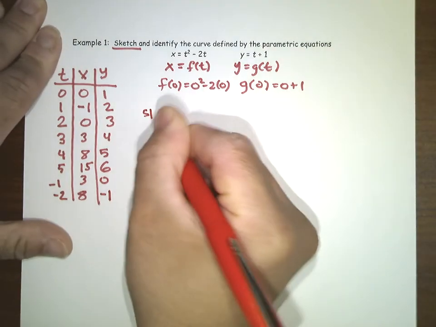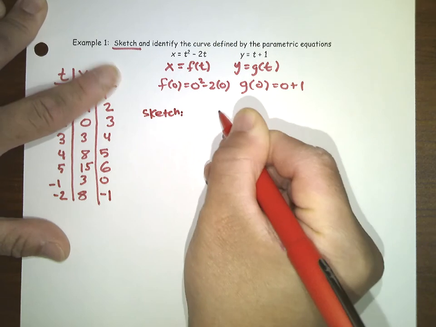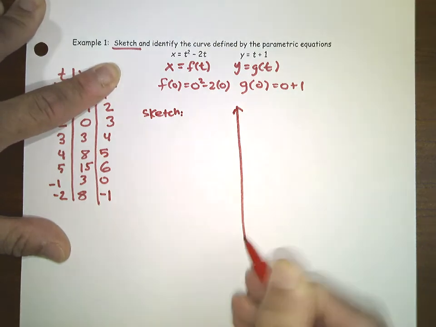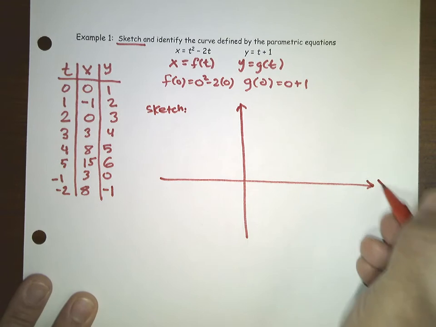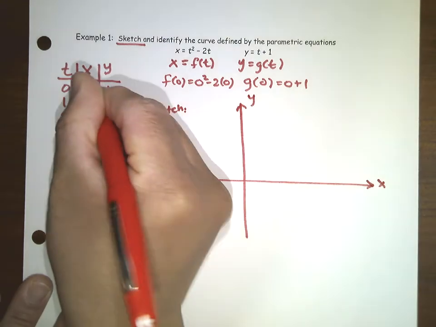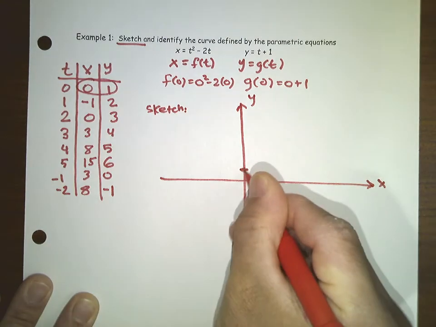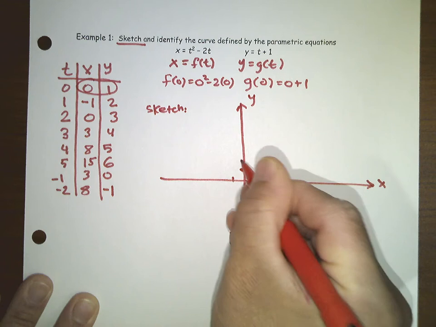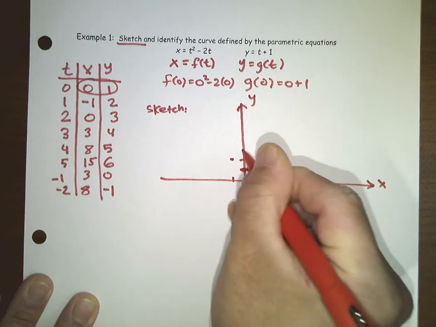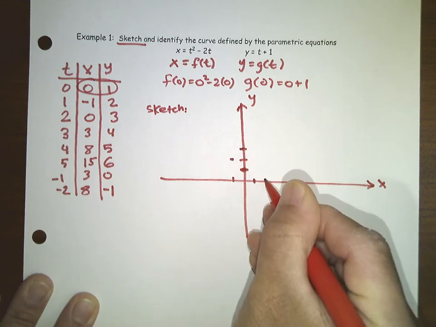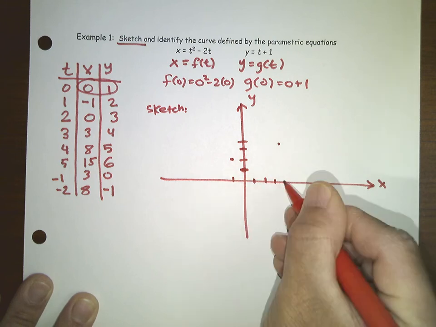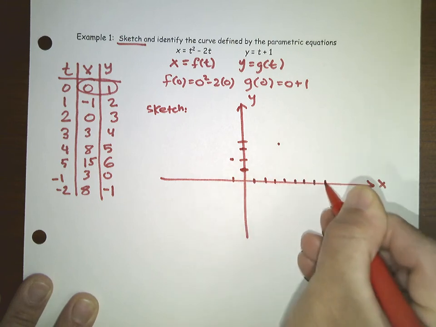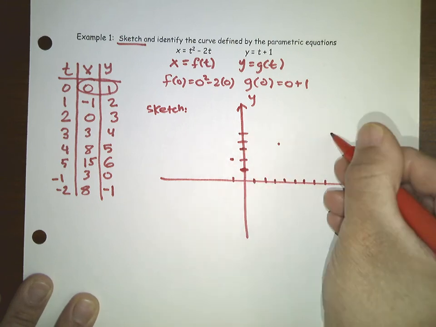Here is the sketch, and then we will verify and identify what this is. So x, y. 0, 1 is right here. Negative 1, 2. 0, 3. And 3, 4. 8, 5, so 4, 5, 6, 7, 8, 5.